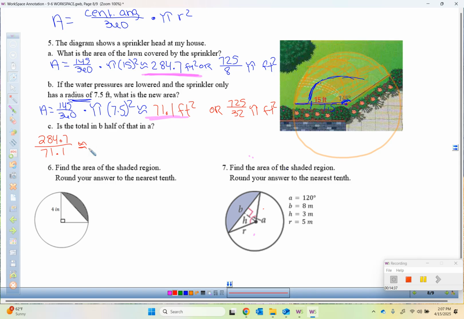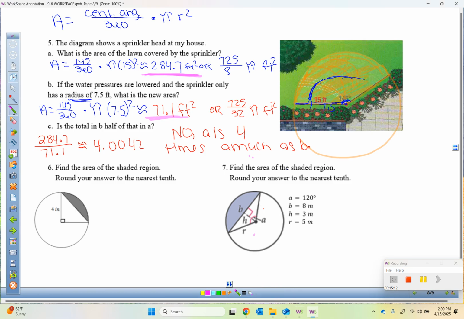Okay, so the answer is no. We get approximately 4.0042. So the answer is no. A is 4 times as much as B. Okay, makes sense?